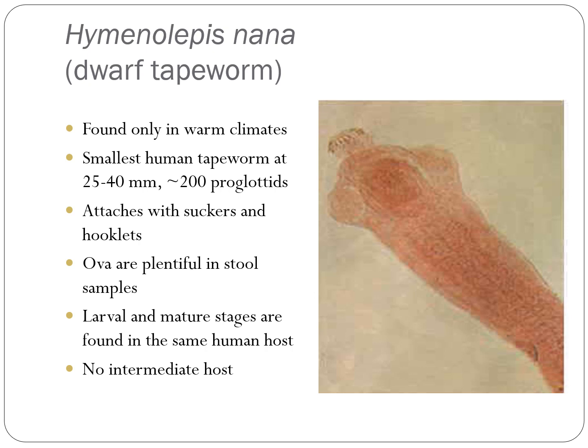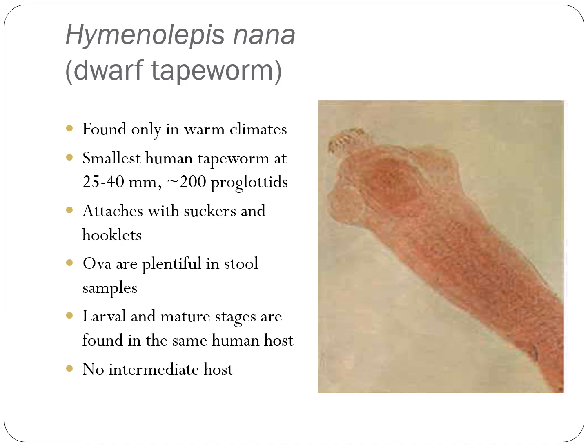The most prevalent worm in the United States is Hymenolepis nana. This is also known as the dwarf tapeworm. It's usually found in warm climates, and it is the smallest human tapeworm at about 25 to 40 millimeters. There's usually about 200 proglottids per tapeworm. This particular tapeworm attaches to its host via suckers and hooklets. There's actually 3 pairs of hooklets on Hymenolepis nana.